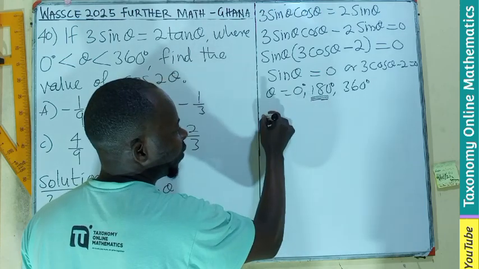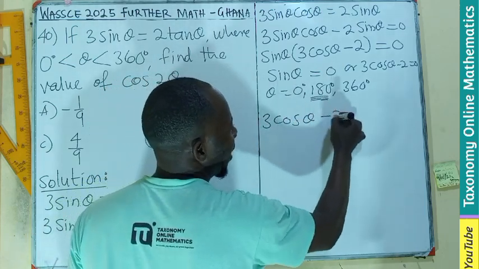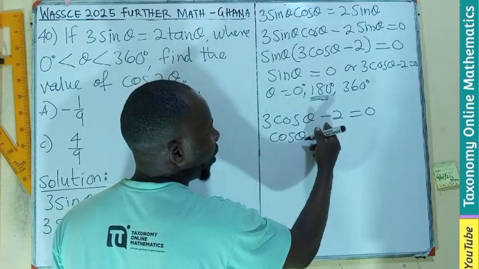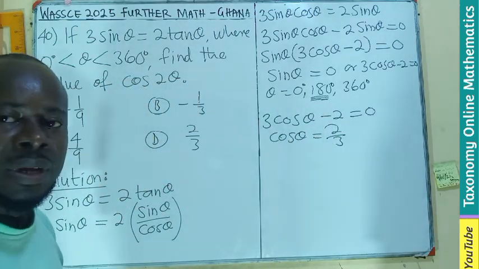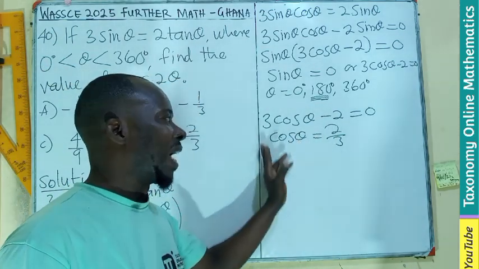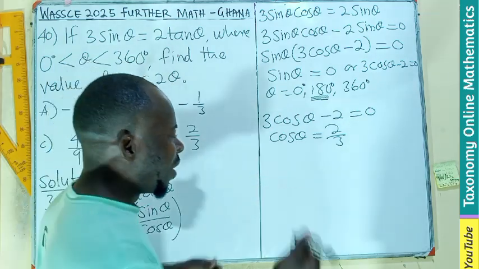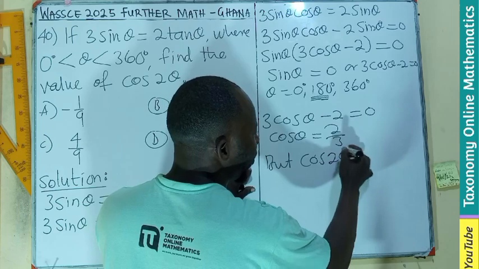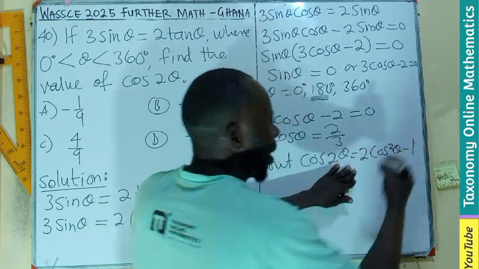All right. So let's pick 3 cos theta minus 2 equals 0. Cos theta will equal 2 divided by 3. I can also find the theta value, which I am not interested in, because you see where we are going. We are going to cos 2 theta equals 2 cos square theta minus 1.